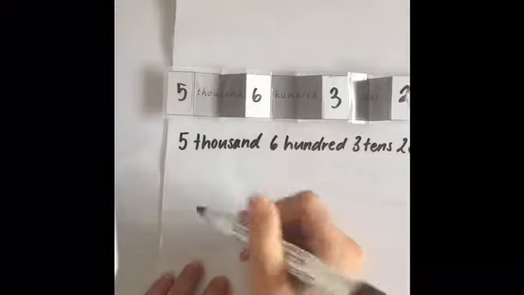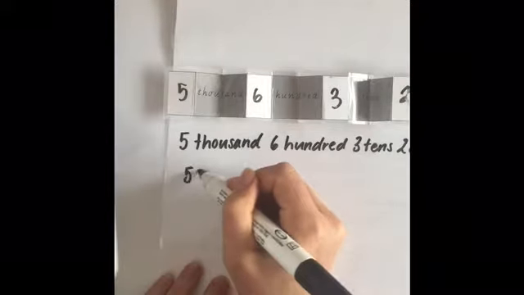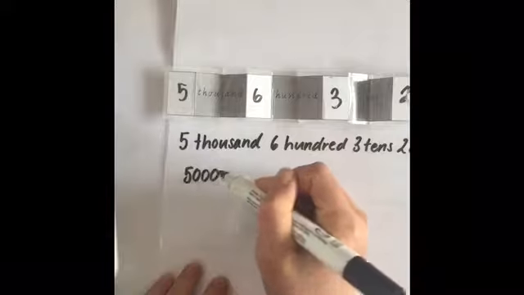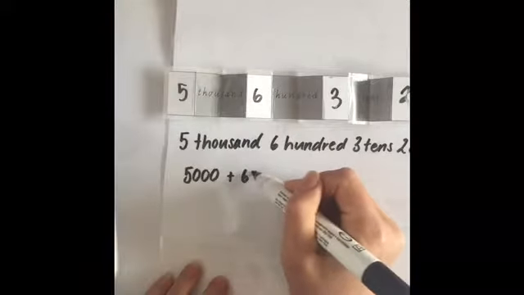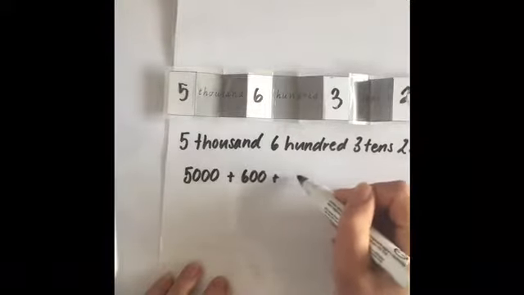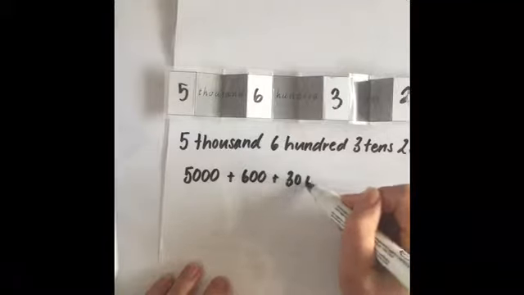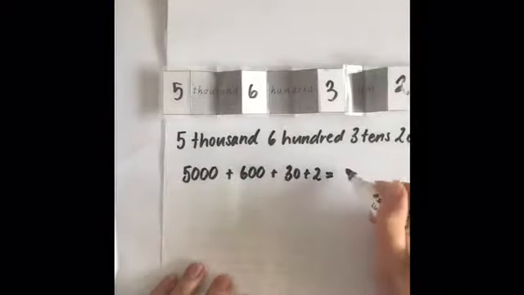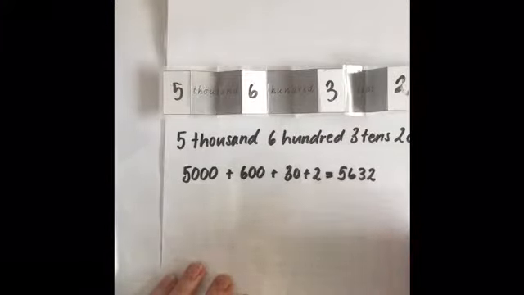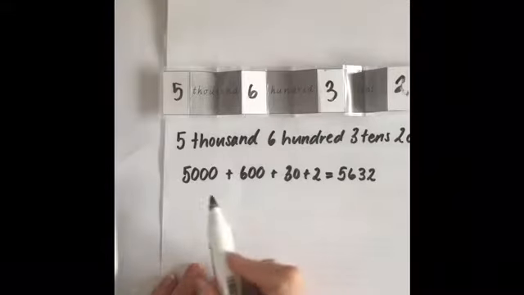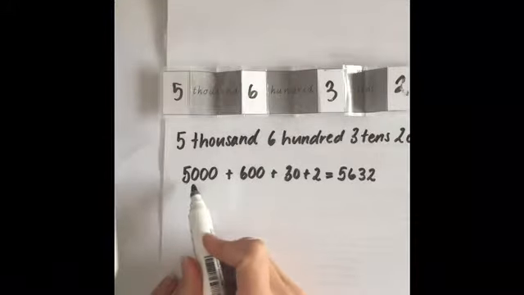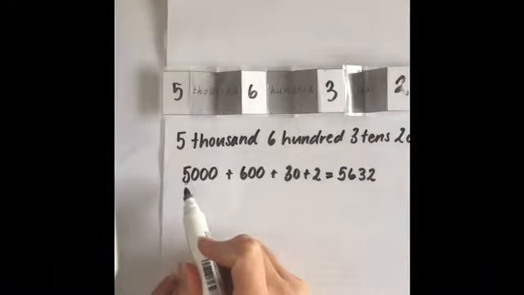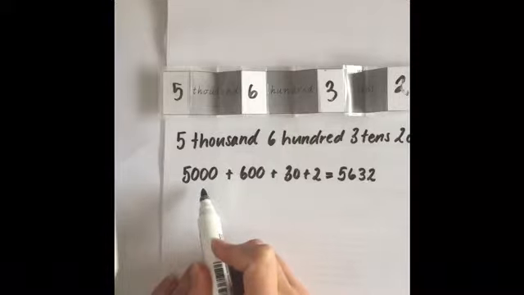They can also write it like this. And that encourages them to find out and to explore the real place value of the number and to look at what it is worth.